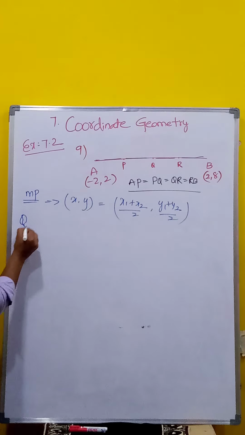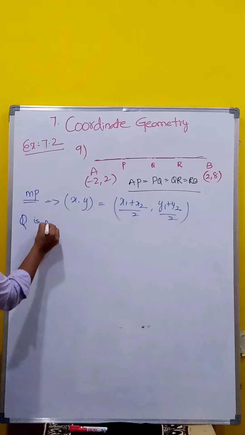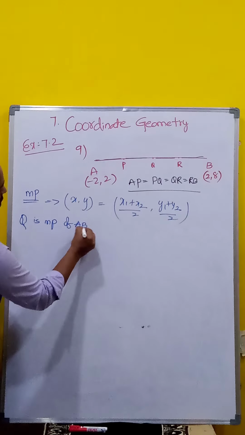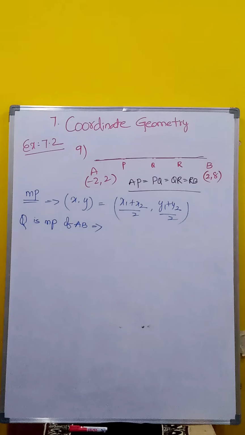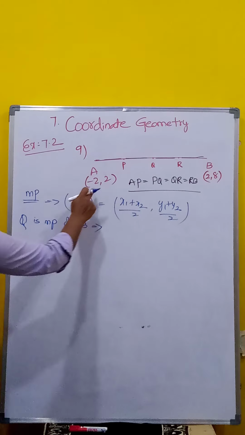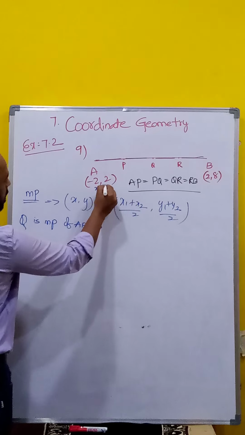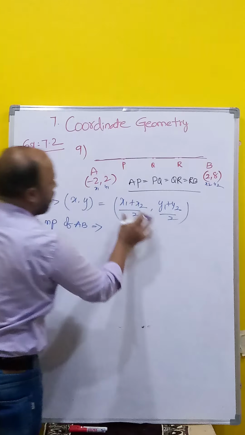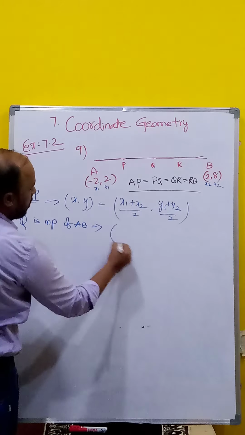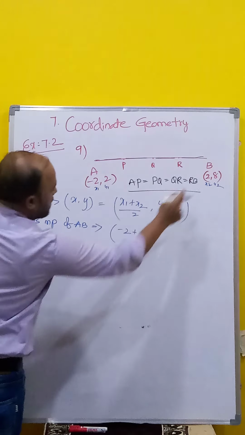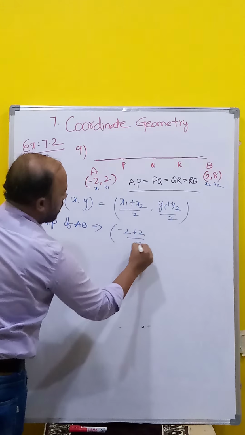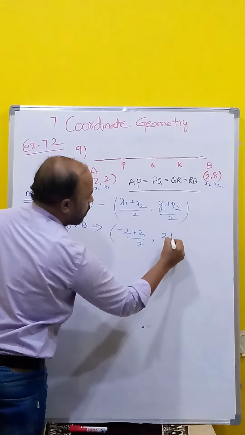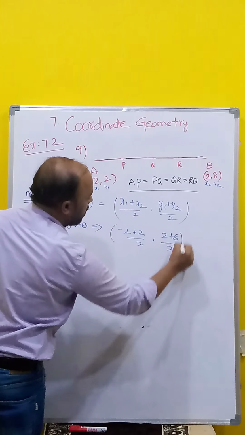Now Q values we have to find. Q is the midpoint of AB. First we find the Q coordinates. Here this is x1 y1 and this is x2 y2. Same formula applied here: minus 2 plus 2 by 2 comma 2 plus 8 by 2.